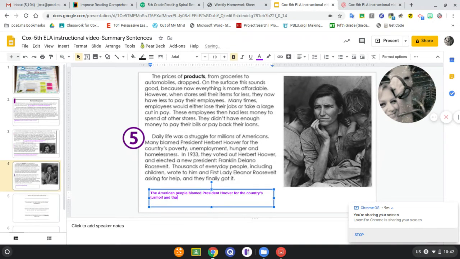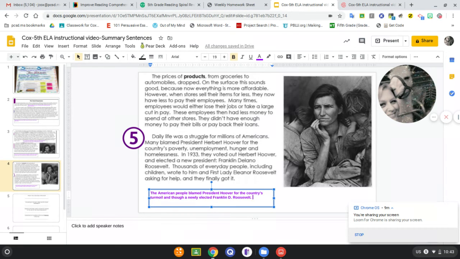And they thought that a new president would help them. A newly elected Franklin Delano Roosevelt would help reverse the situation that they were in. And so that's the end of our text.